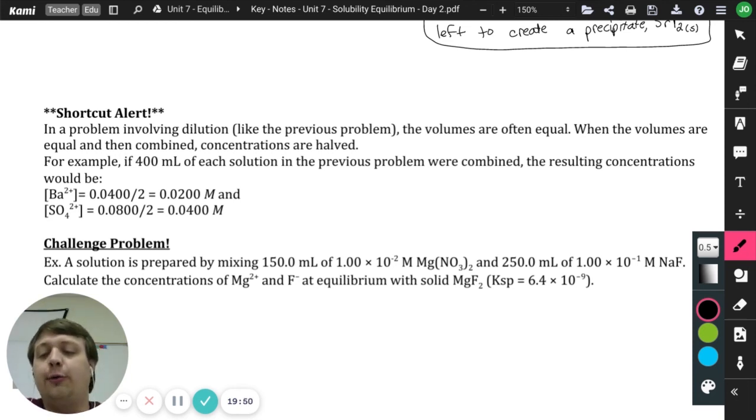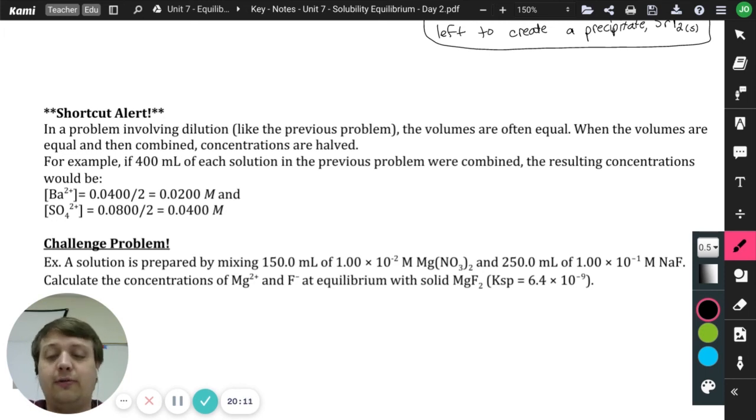And so in this example here, for example, if 400 milliliters of each solution is present in the problem and they were combined, the resulting concentrations would be, in this case, 0.0400 divided by 2, which is going to give us that 0.0200 molarity.